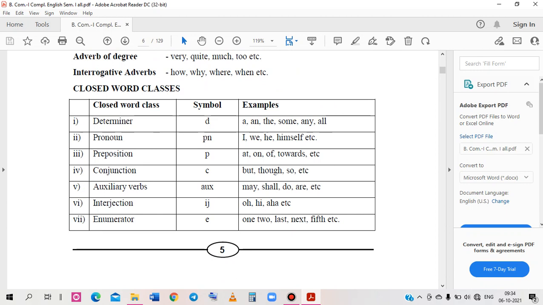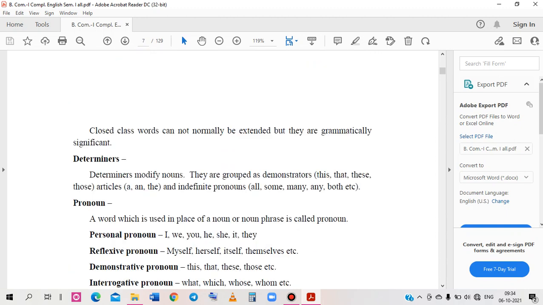Prepositions: at, on, of, towards. Conjunctions: and, but, or, so, though, etc. Auxiliary verbs: may, shall, do, are. These are the auxiliary verbs. Interjections: oh, hi, aha. Enumerators are related to numbers: one, two, last, next, fifth. These are the enumerators. So let's discuss closed class words in more detail.